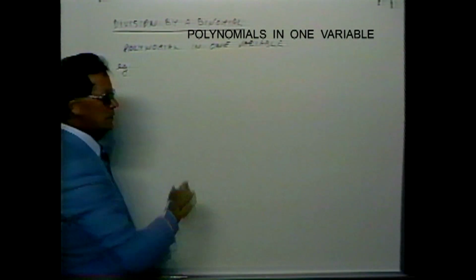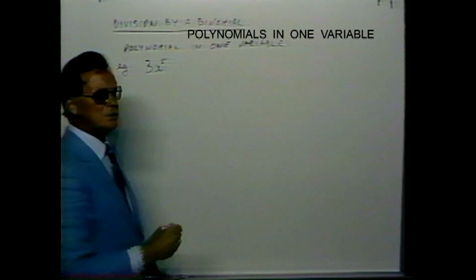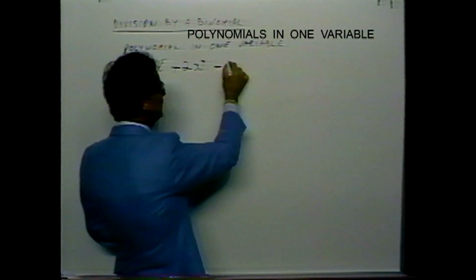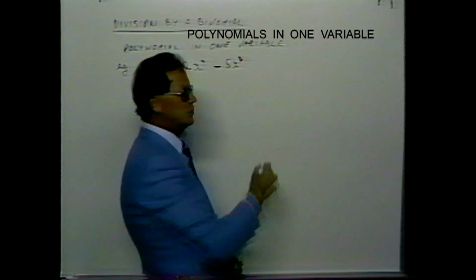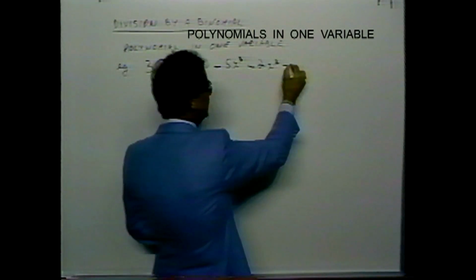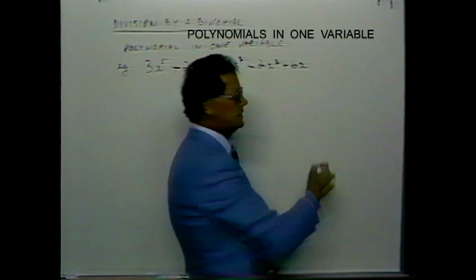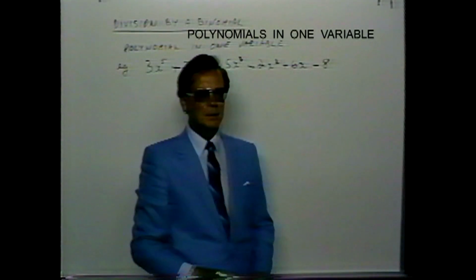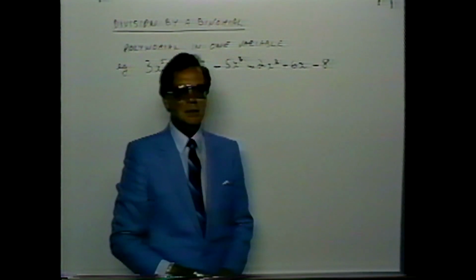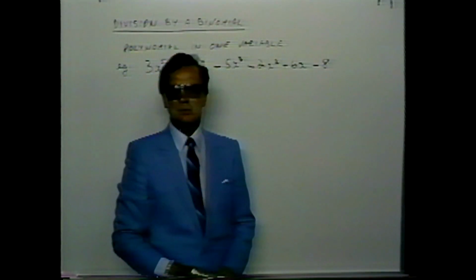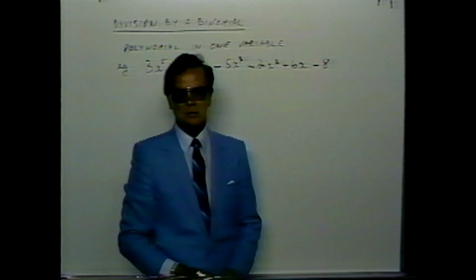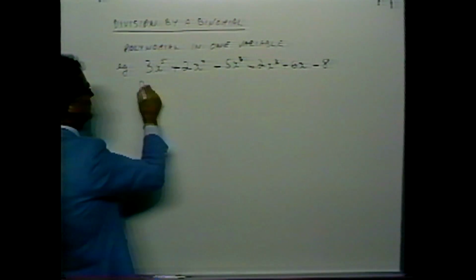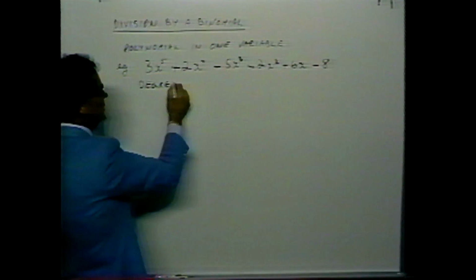For example, 3x to the 5th plus 2x to the 4th minus 5x cubed minus 2x squared plus 6x minus 8. Only one variable occurs in the entire expression. Recall that the degree or size of the polynomial is the exponent value of the largest power. The largest power of the variable base x is this one. So the degree of this is 5.